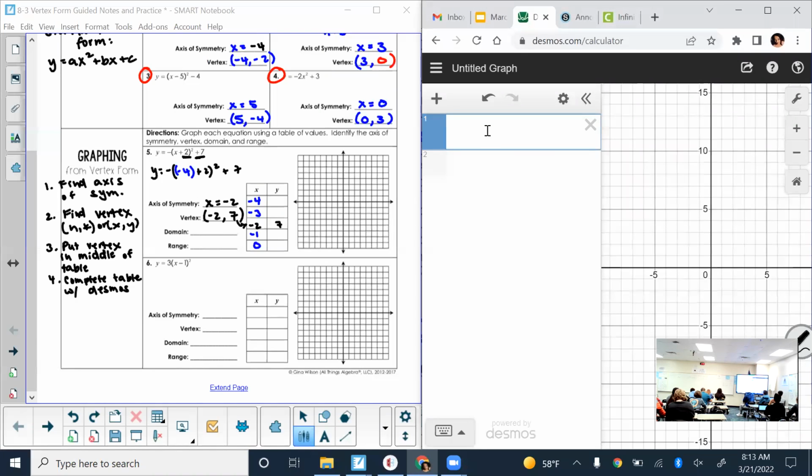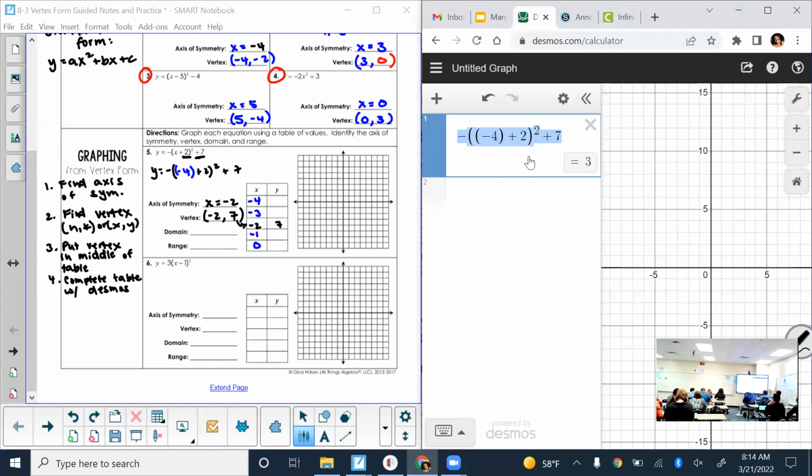So then we get negative parentheses and then another parentheses, because anytime you plug stuff in, that's what you should use. All right, and that's how it should look in your calculator. I know the parentheses this time won't really make much of a difference in the vertex form, but still it's good practice. Just anytime you plug stuff in, use parentheses.